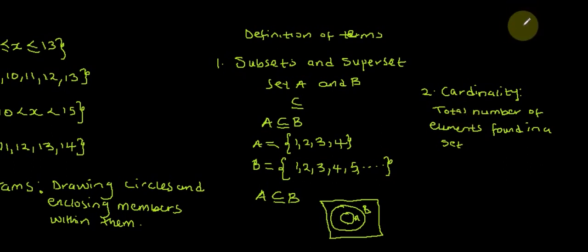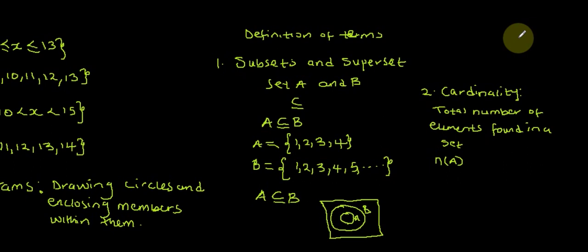Now take note, I did not say sum of elements, I said total number of elements, and it is usually represented by this. Let's say we are looking for the cardinality of a set A, so we just do n of A. If it is the cardinality of set B we are looking for, we'll do n of B, and so on and so forth.